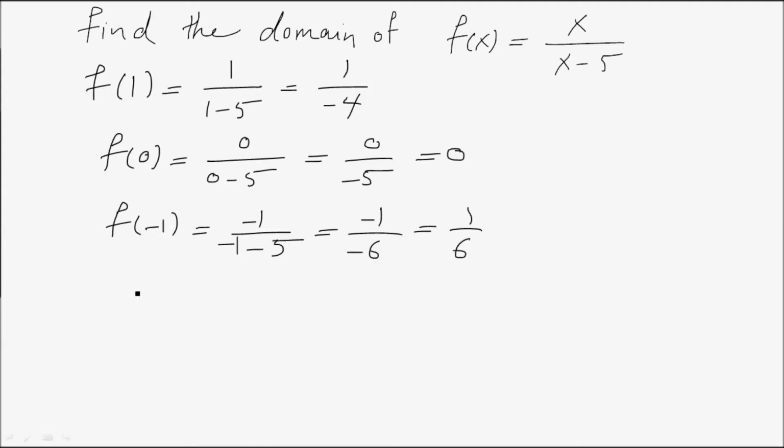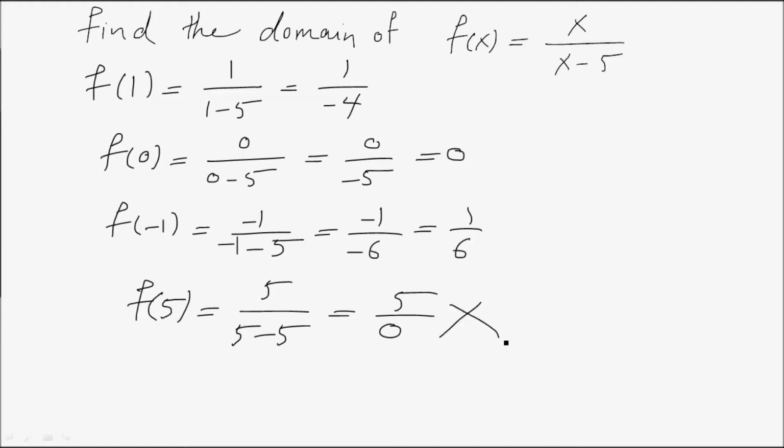Yes, there is. 5. F of 5 is 5 over 5 minus 5, which is 5 over 0, which is undefined. So this means that you can plug in any value into this function except for 5, because 5 is the value that causes a 0 denominator, which is undefined.